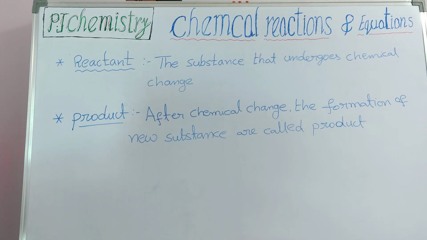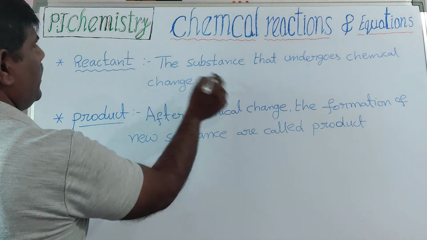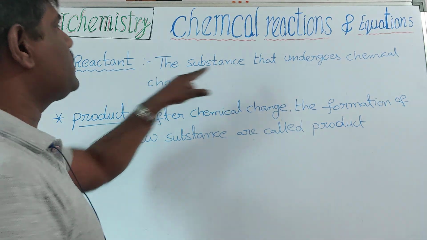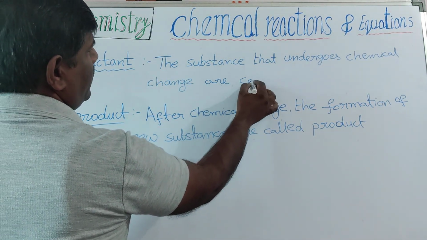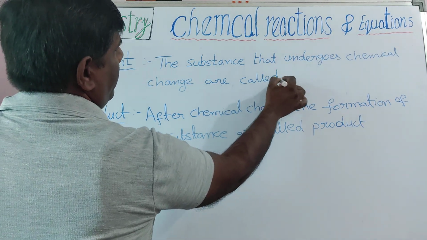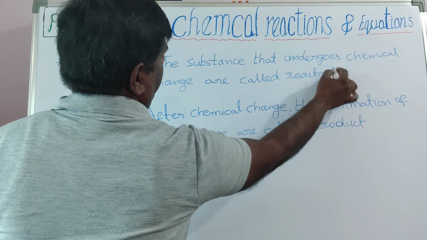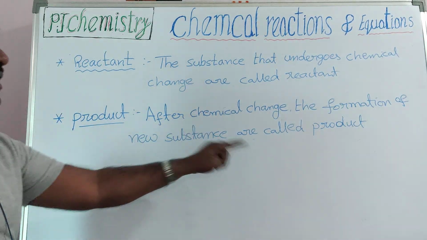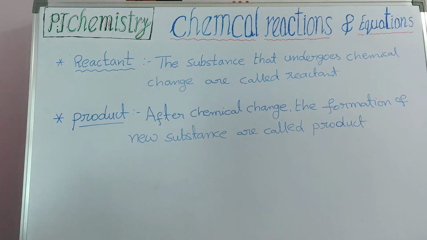After chemical change, the formation of new substance is called product. Reactant means the substance that undergoes chemical change. Product means after chemical change, the formation of new substance.